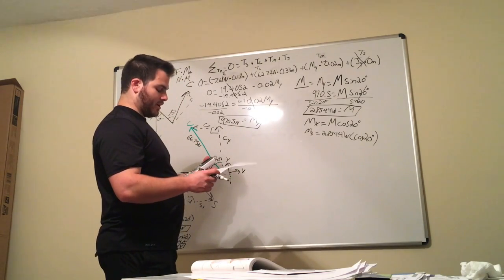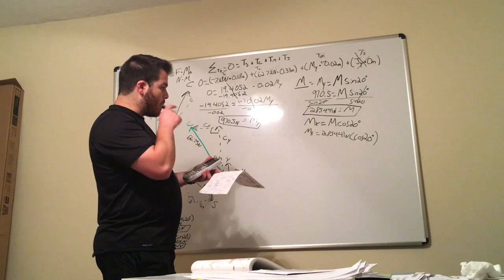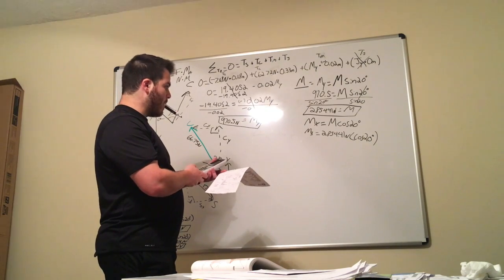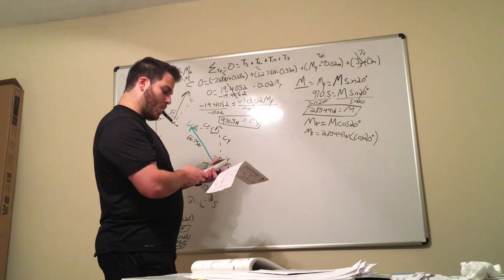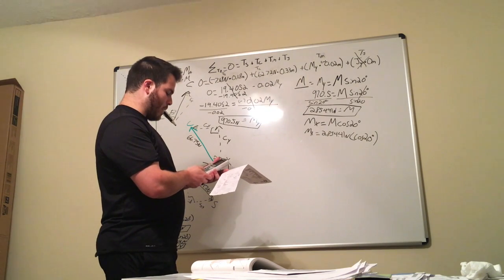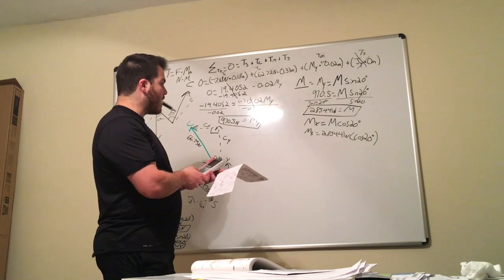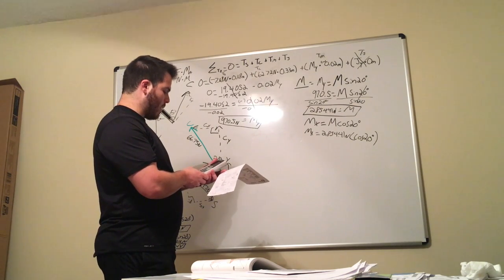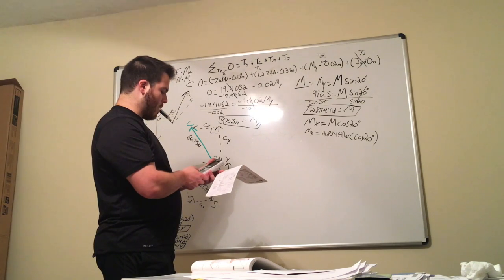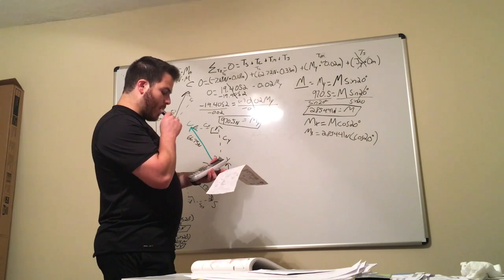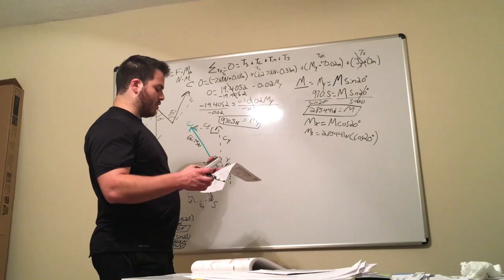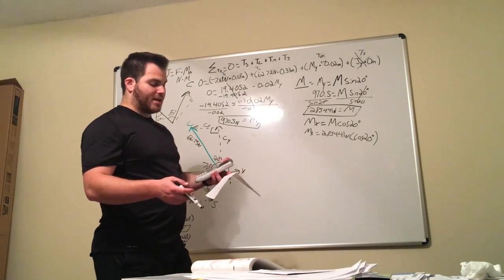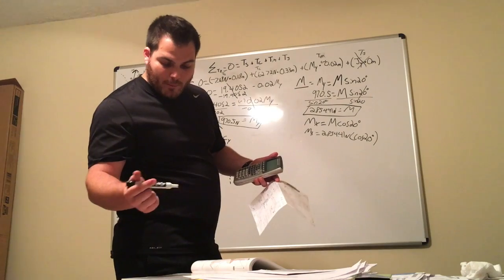And similar to before, the book rounds. I took 2,854.41 times the cosine of 20, and I got 2682.268014, but the book rounds the cosine to only 2 digits, so we'll keep with their answer.